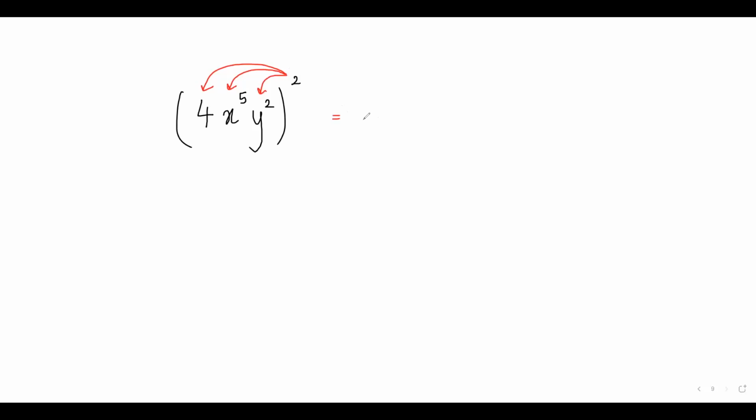What is 4 squared? Anyone who has a problem with this? When it's a letter, you just multiply the numbers. 5 into 2, 10, 2 into 2, 4. Anyone who has a problem with this?